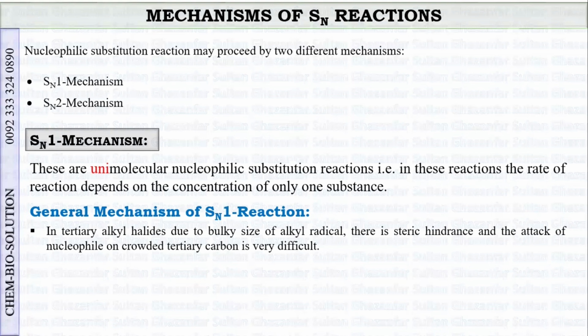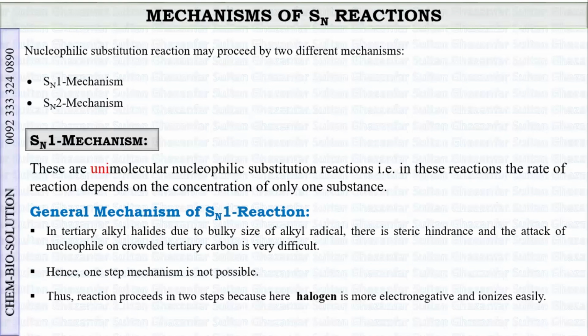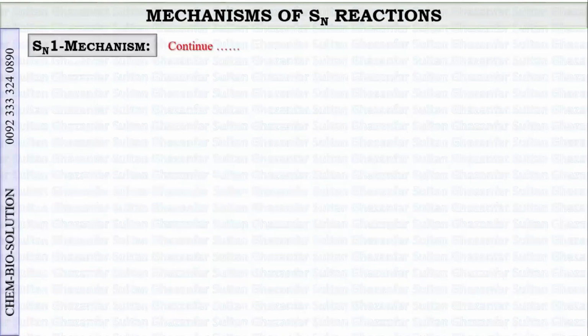If the alkyl groups are bulky, then they prefer the SN1 mechanism. This bulky size causes steric hindrance, and the attack of a nucleophile on a crowded tertiary carbon is very difficult. Hence, a one-step mechanism is not possible. Thus, the reaction proceeds in two steps because here the halogen is more electronegative and ionizes easily.